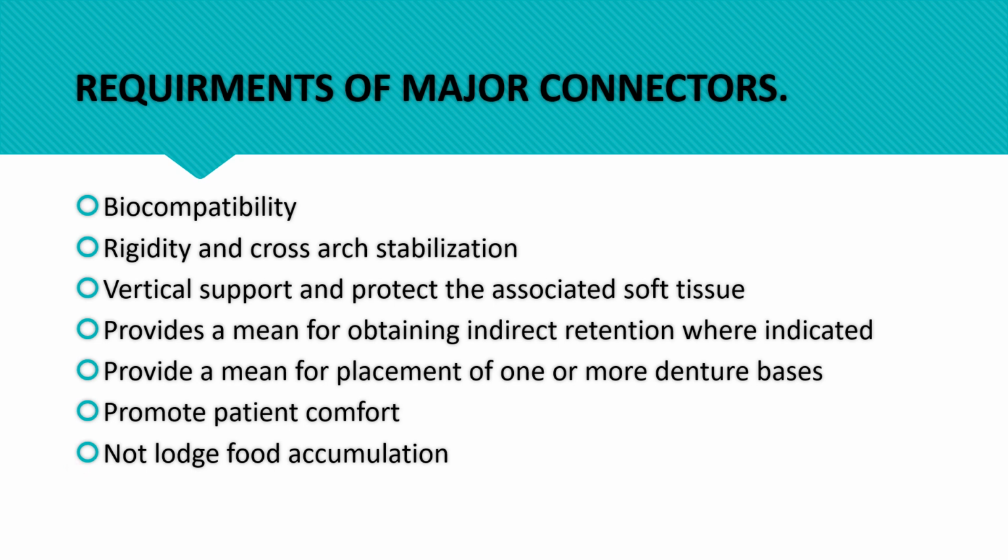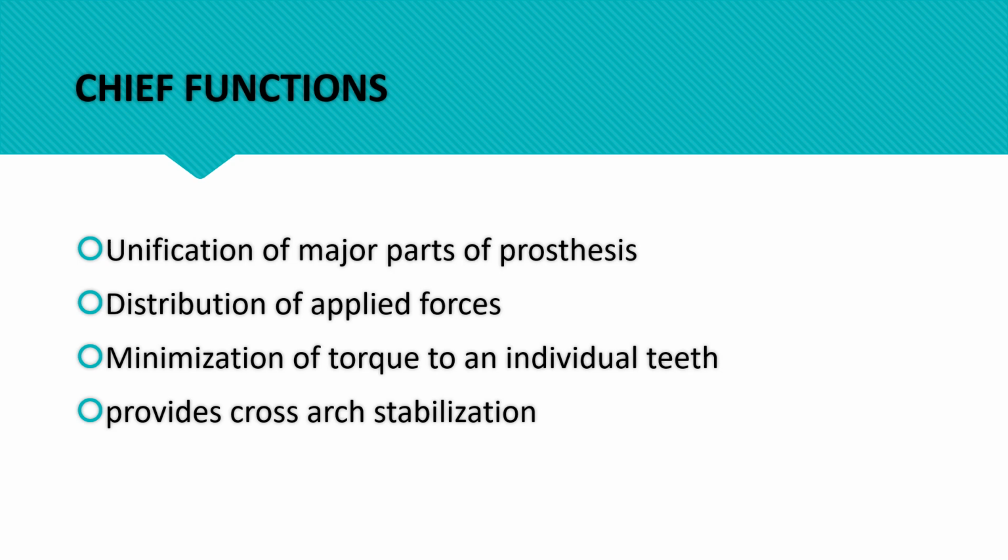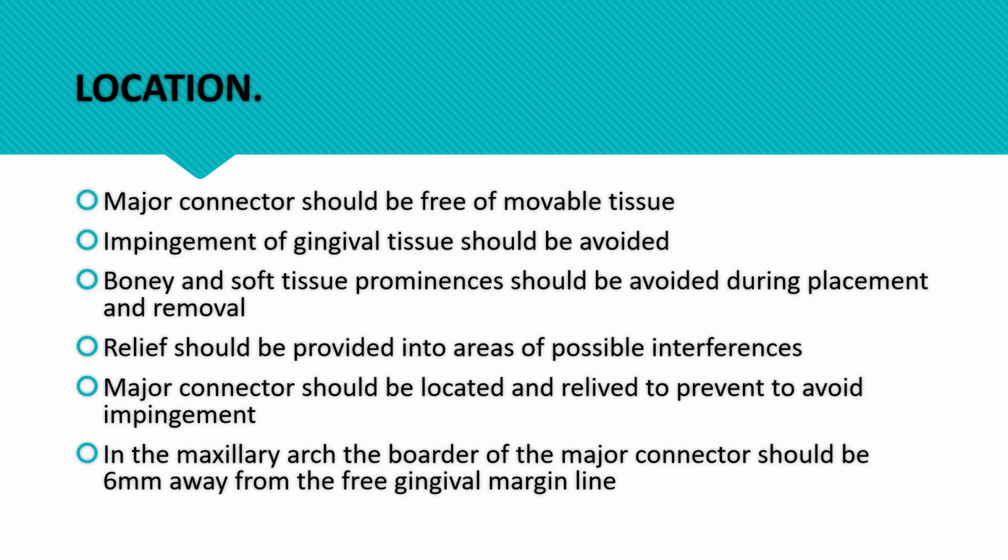What are the chief functions of a major connector? Basically, it provides for unification of the major parts of the prosthesis. It distributes the loads, then minimizes torque on individual teeth, and provides cross arch stabilization. I've explained all these things in the previous slide.